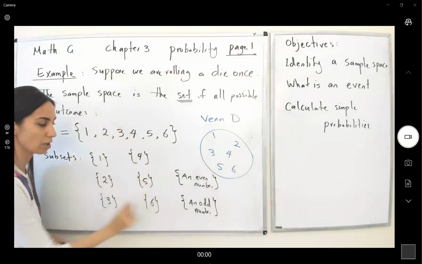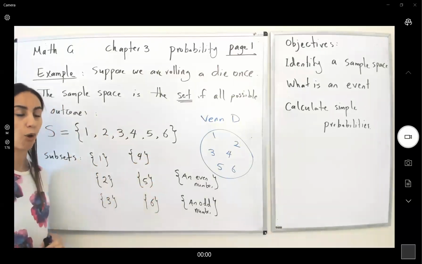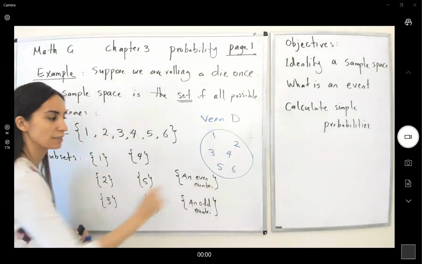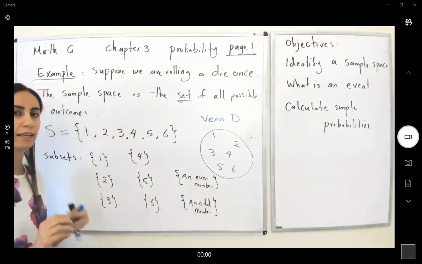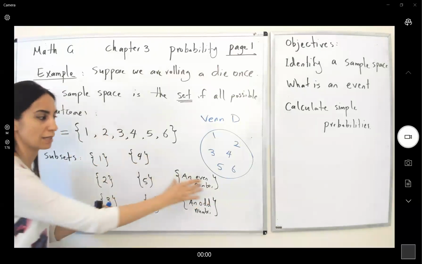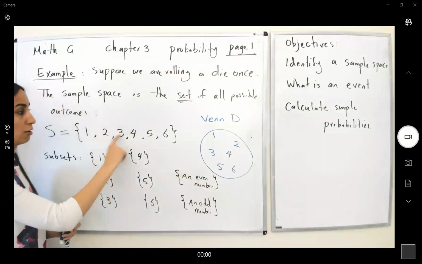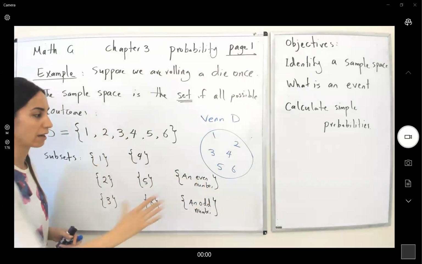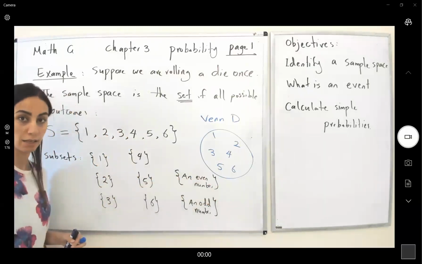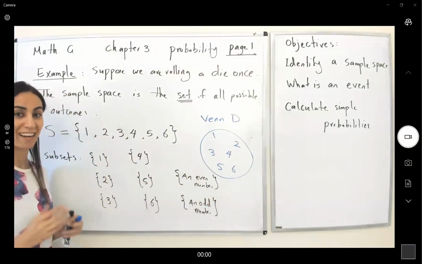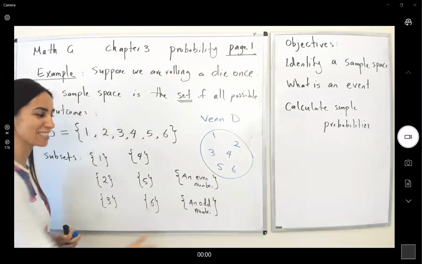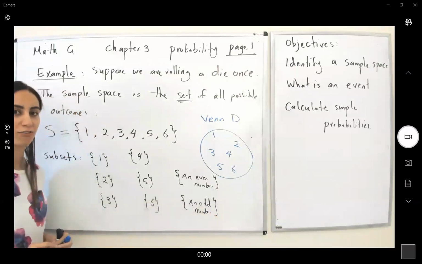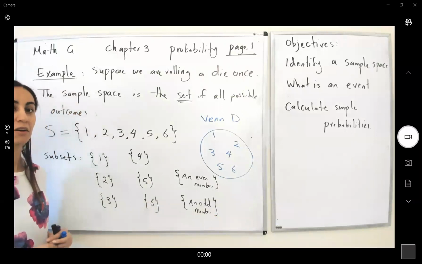And finally, the size of this set is 1. The cardinality of this set, an even number. This set has 2, 4, and 6. The cardinality of this set is 3. And as you guessed, the cardinality of the last set is also 3.